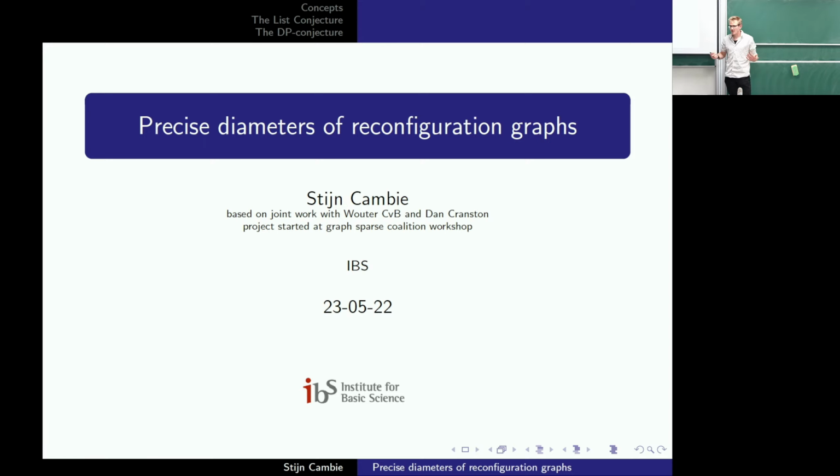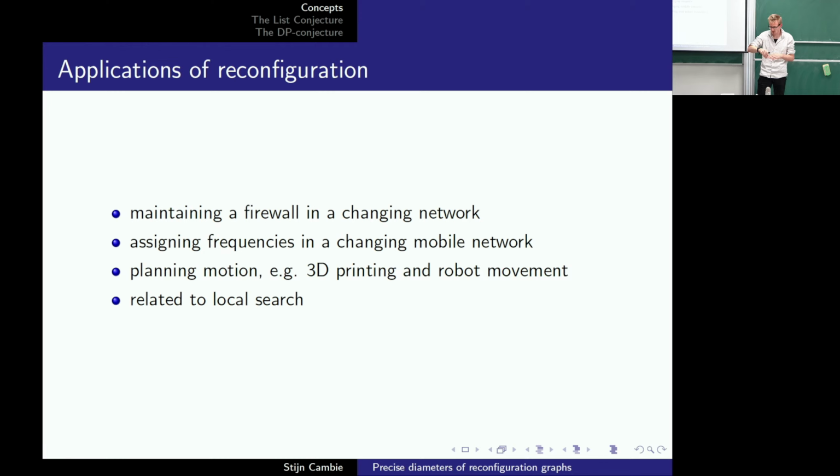They need to reconfigure, so they need to change frequencies in such a way that they do not cause troubles meanwhile. Yeah, and there are some other cases like local search, which is about finding some optimum, where you look in a region if you can find some better solution and then you repeat.